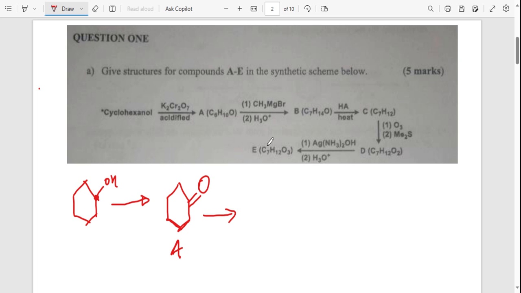We are reacting it with a Grignard reagent. What is the product that we're expecting? Anyone? So the Grignard reagent is able to convert a carbonyl group into an alcohol.